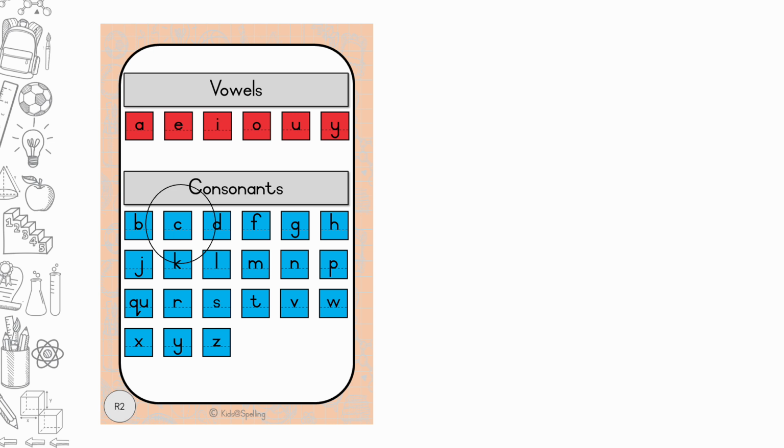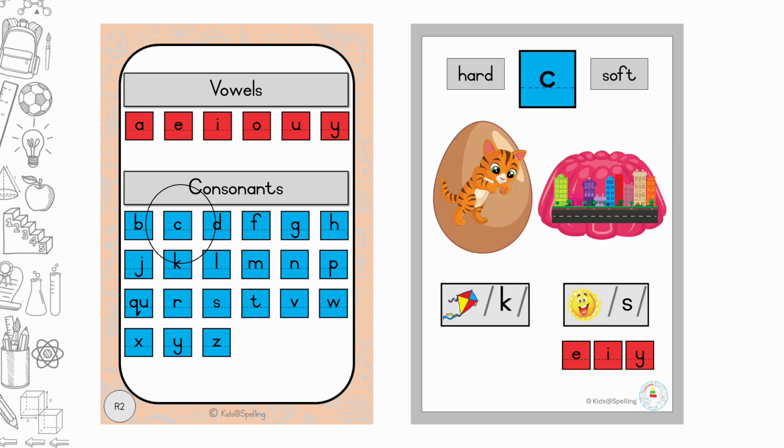The C is blue, and that means it belongs to the consonant group. There are two consonants in English that have a hard sound and a soft sound. A hard sound like a boiled egg and a soft sound like jelly.